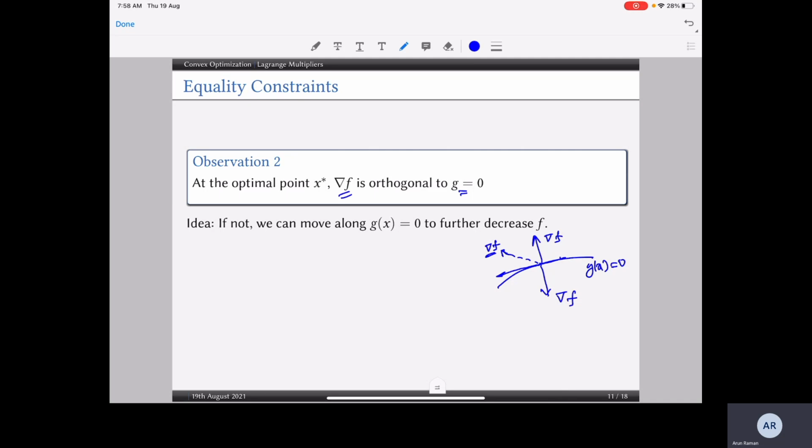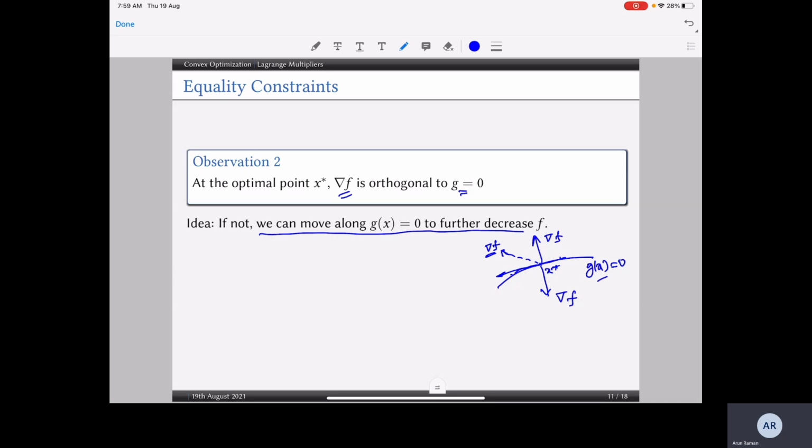Now if we move along g, then we can further decrease f. Not exactly, because this is the direction of increase, we'll move in the opposite direction. So basically the idea is that we can move along g(x) to further decrease f. So that is why, if we denote the optimal point by x star, then at the optimal point, the gradient of f is orthogonal to the surface g(x) equals 0.